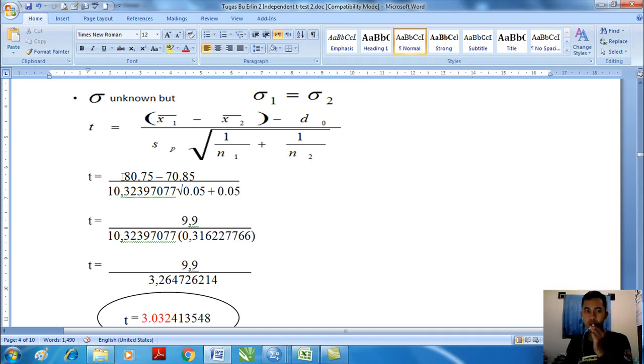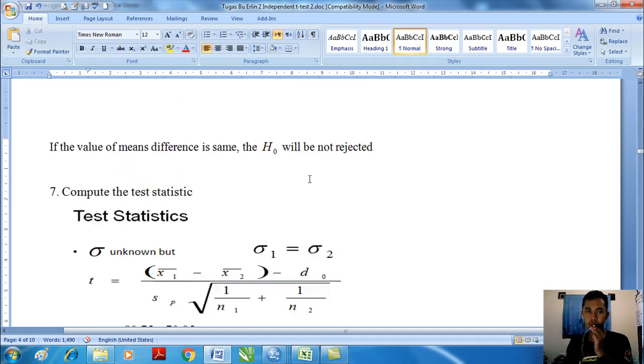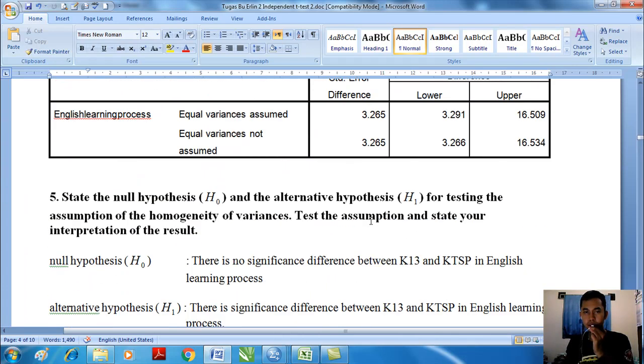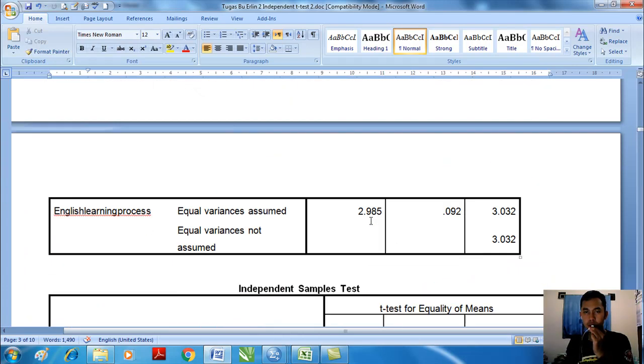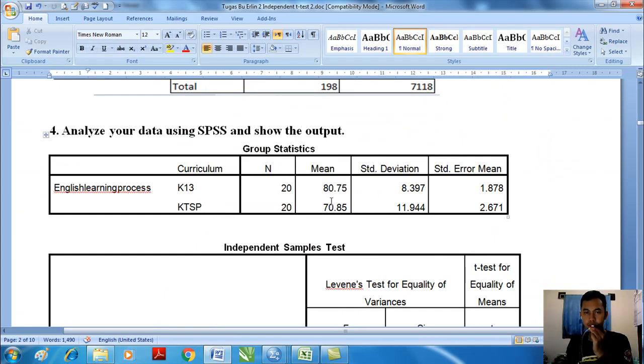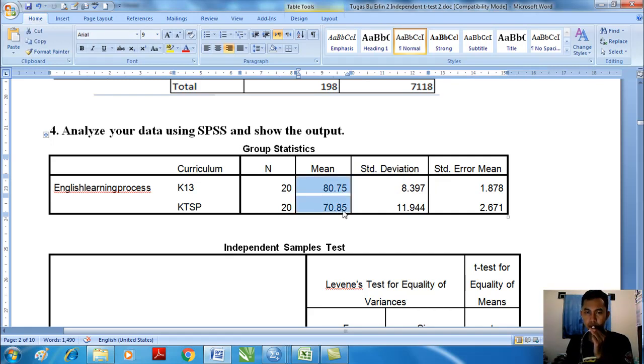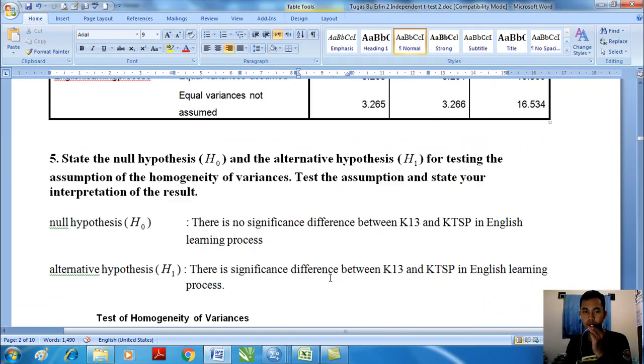And then this is the result: 80.75 minus 70.85. This is the score I got from this one, right? Okay, this is the difference: 80.75 minus 70.85.